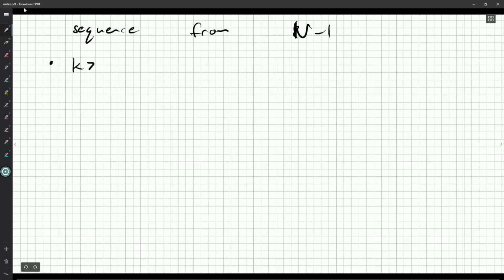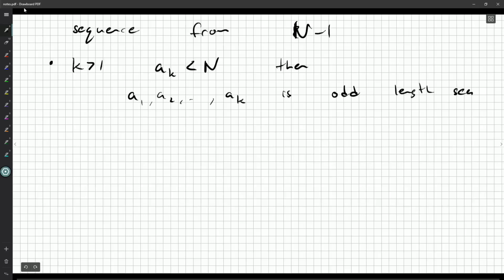Or perhaps k is greater than 1 and AK is not n. Then A1, A2, all the way up to AK is an odd length sequence from n minus 1.